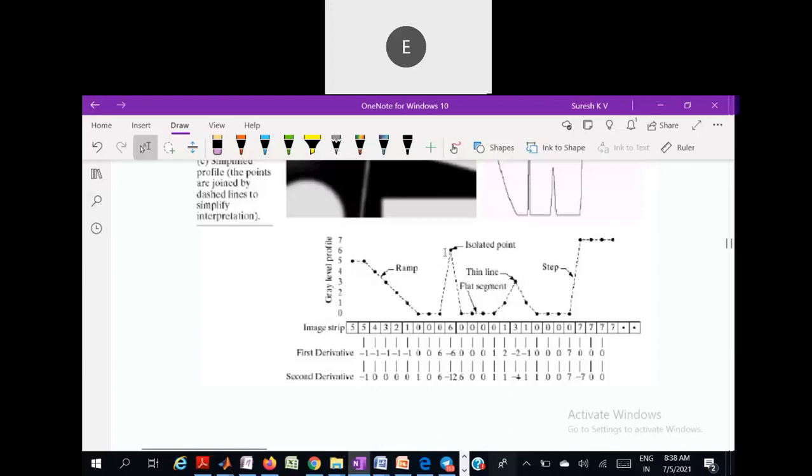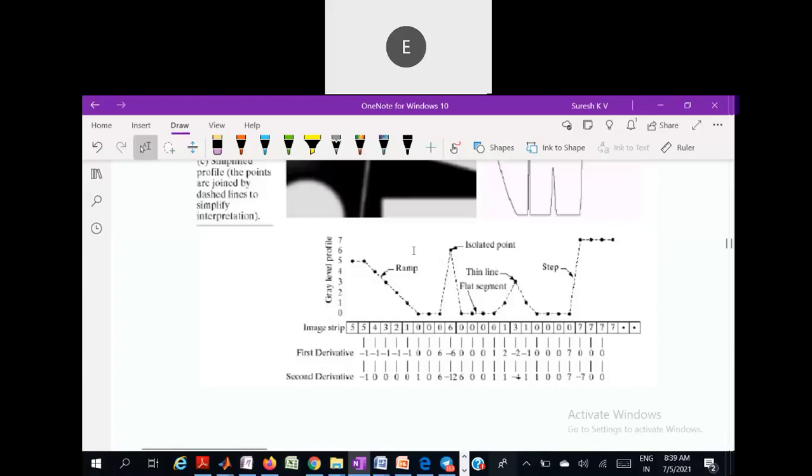It's not an isolated point, it's a line segment where the pixel value is increasing and coming back. And this is a step edge. So you have a ramp edge, an isolated point, a step edge, and a thin flat line segment. Now just observe what happens near the ramp, near the isolated point, near the step, and also the fine line segment, in first order derivative and second order derivative.